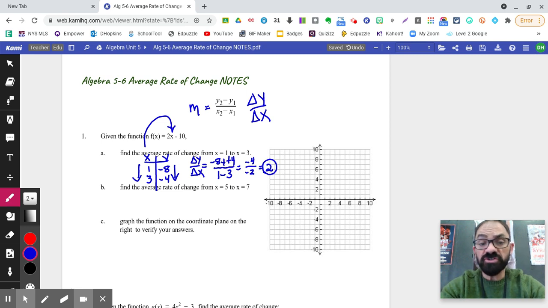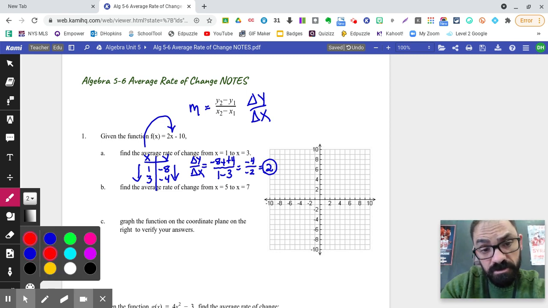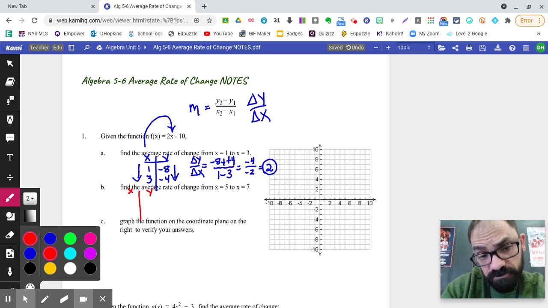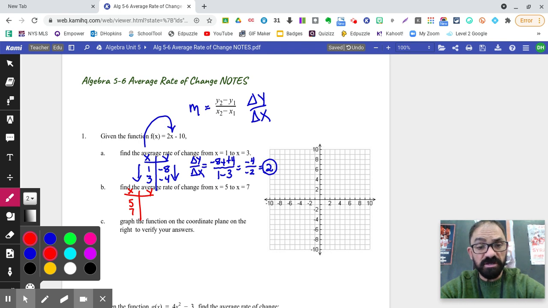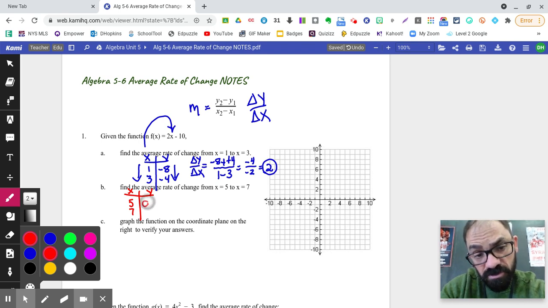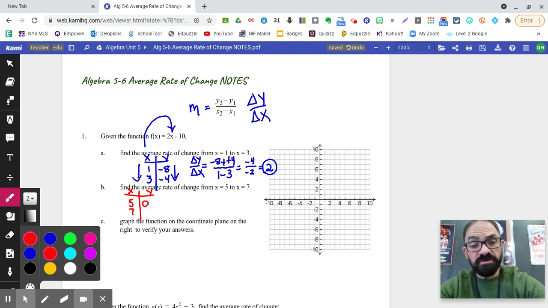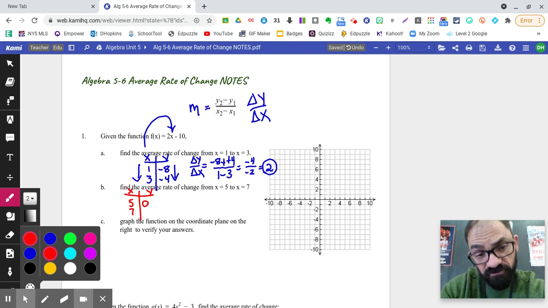Okay, find the average rate of change from x equals 5 to x equals 7. So once again, build a little table. 5 and 7. When x is 5, let's plug it in. 2 times 5 is 10. 10 minus 10 is 0. 2 times 7 is 14. 14 minus 10 is 4.